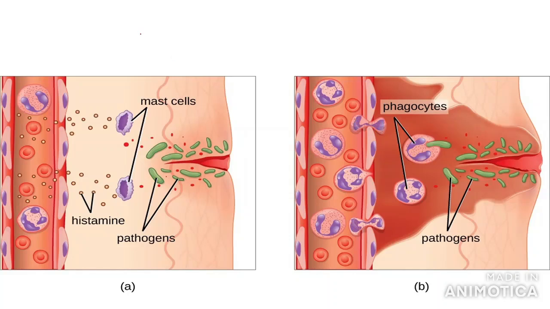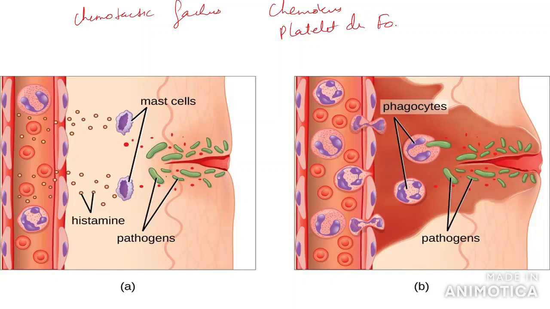Now, what happens in chemotaxis? See, there are certain chemotactic factors. In chemotactic factors, we have certain chemokines, like histamines. We may have certain platelet-derived factors, right? We may have leukotrienes. So when this leukocyte comes out from the blood vessel, it does not know where exactly the site of inflammation is.